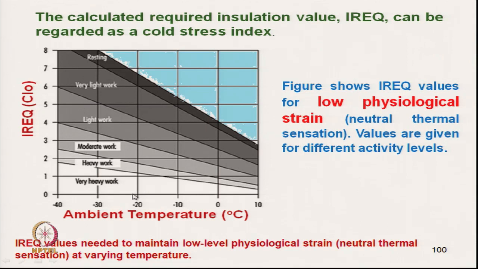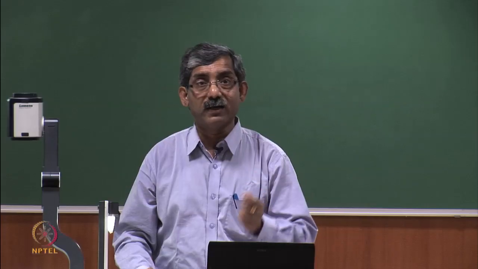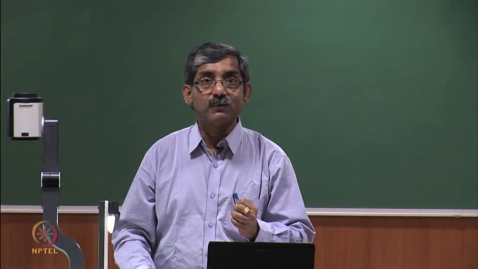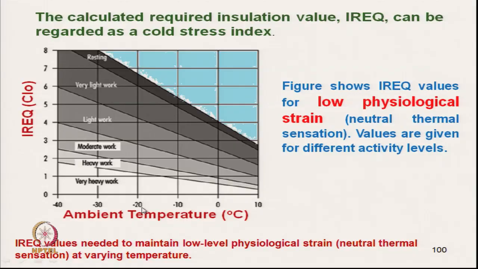Suppose the same person working at the same level of activity, very hard, is shifted to another location where the temperature is minus 30 degrees Celsius. To keep him comfortable he will require a little higher clo. Accordingly, the clo can be adjusted and we can select the clothing.